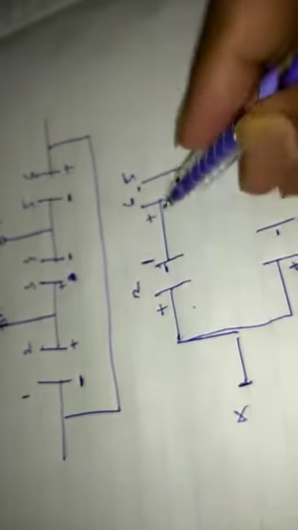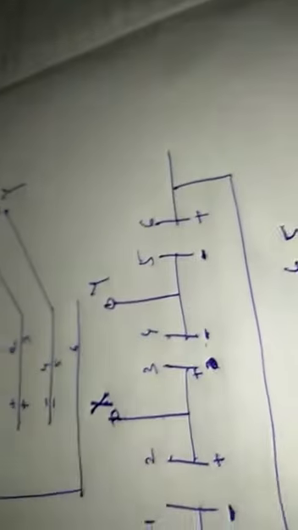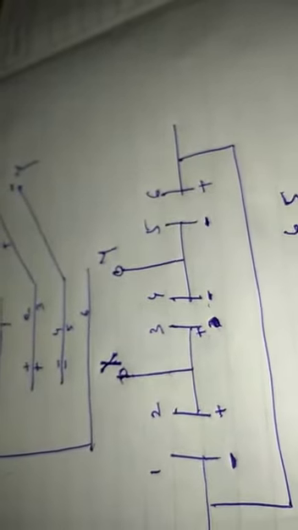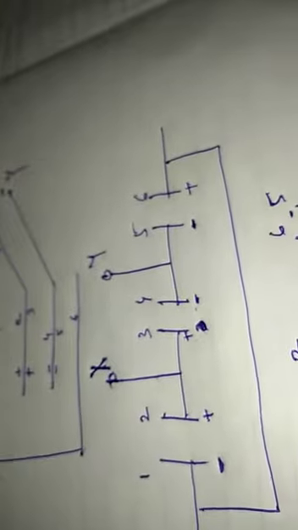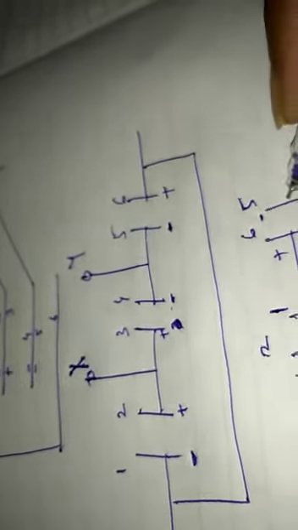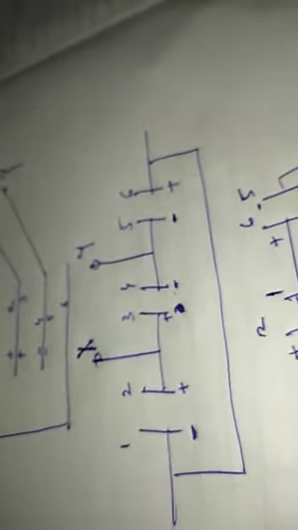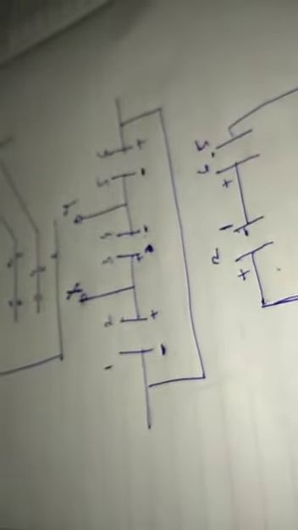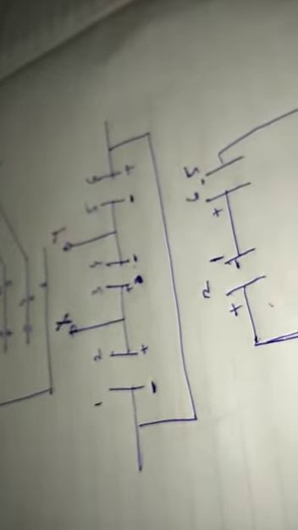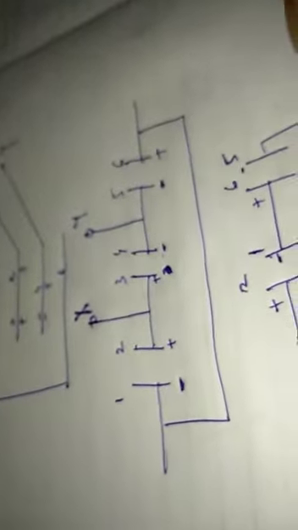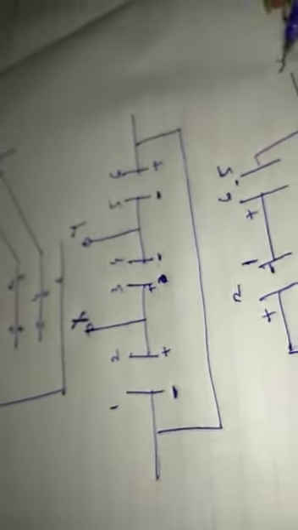So positive, negative, positive, negative. And your 5 is joined to 4, and between 5 and 4 there is y.